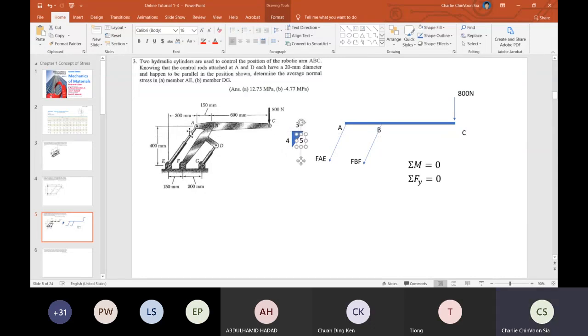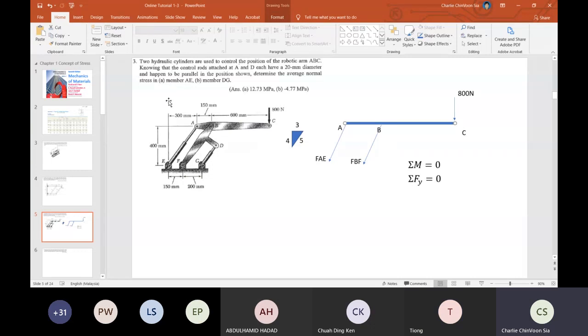So from this section we know 300 meter, 400 meter, and using trigonometry, it is 3, 4, 5, right? So from there we are able to get the angle for FAE and FBD. Basically, if you are using the link ABC, we are only able to determine the force for member AE.